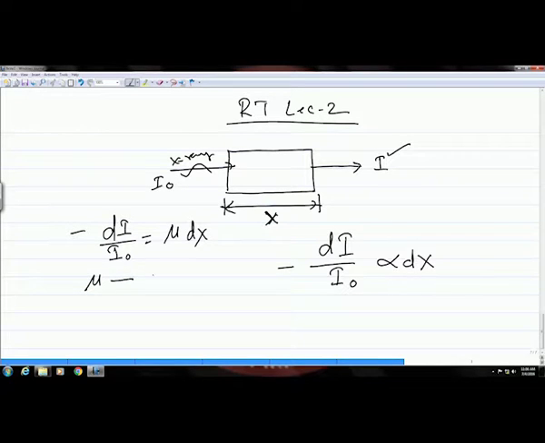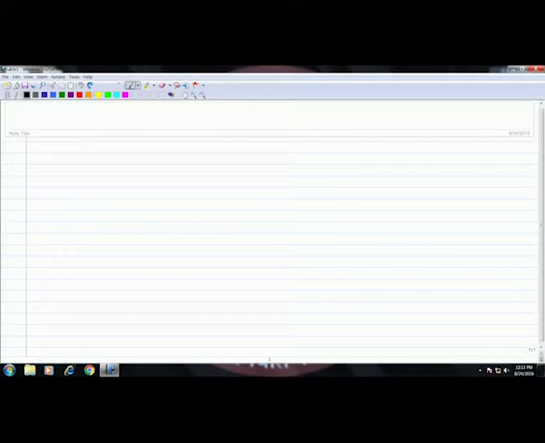Mu is known as the linear absorption coefficient, which is a material property. So, what we have now is the fractional decrease, which is proportional to the distance travelled by the X-rays.